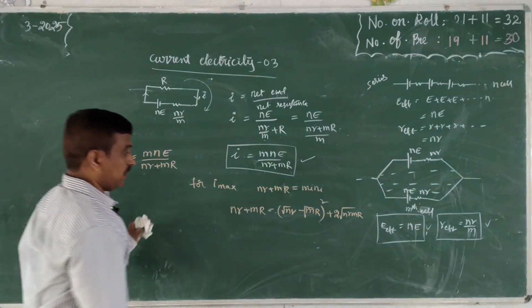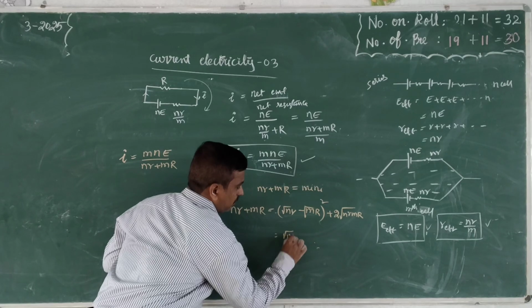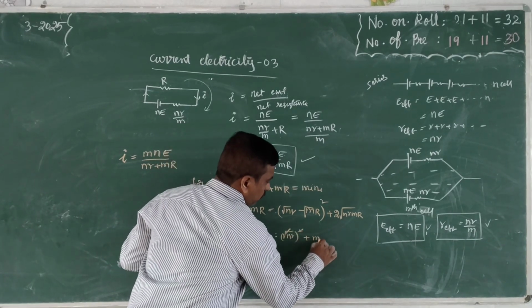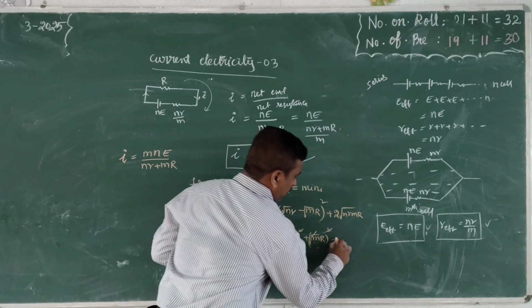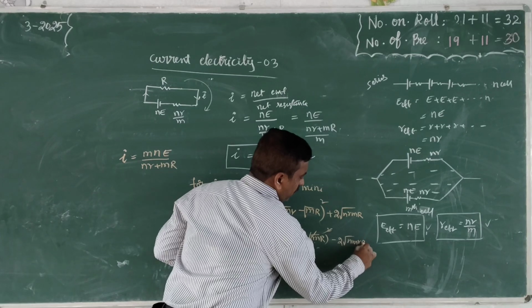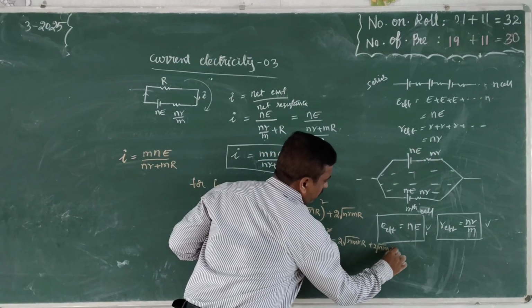Why are we writing this? See, expand this now. Root n r whole square means the square root cancels, plus root m R whole square, the square root cancels. What do we get here? 2 root of n m small r capital R, with a plus sign.